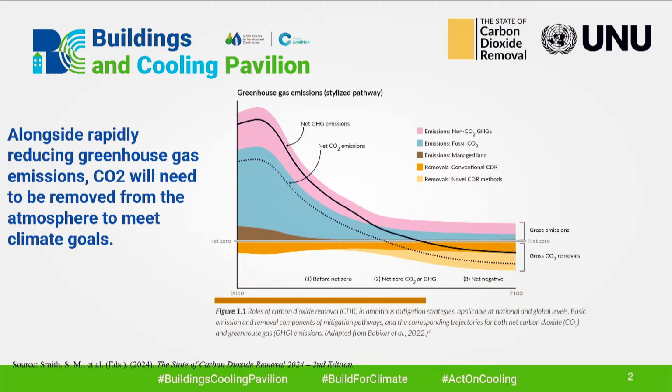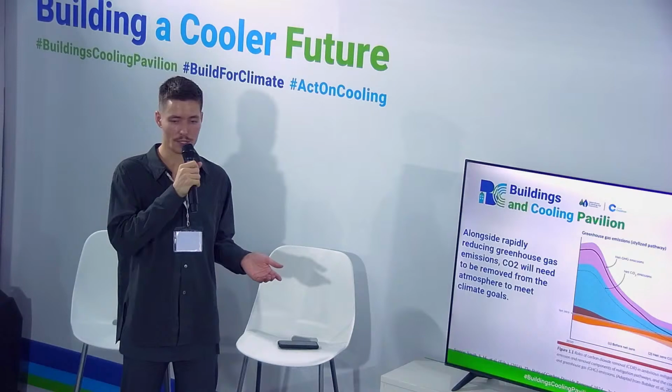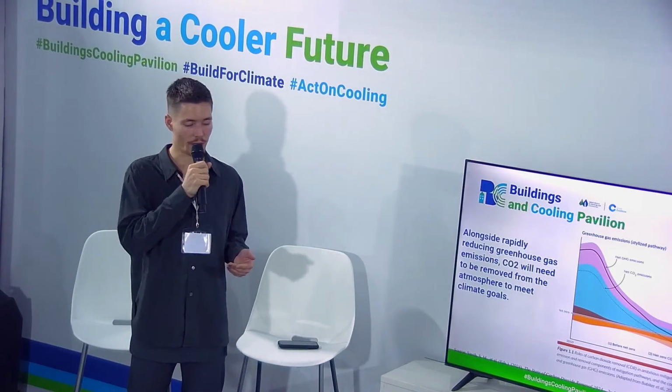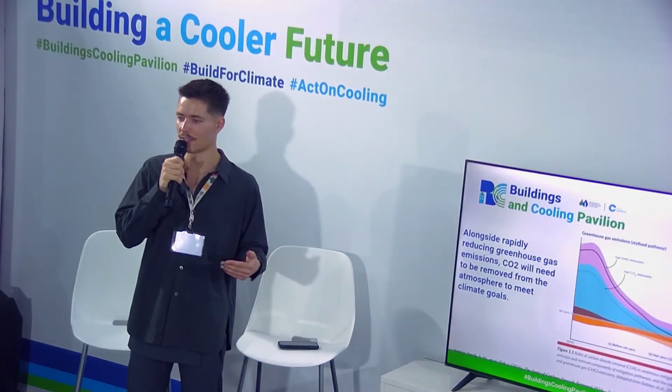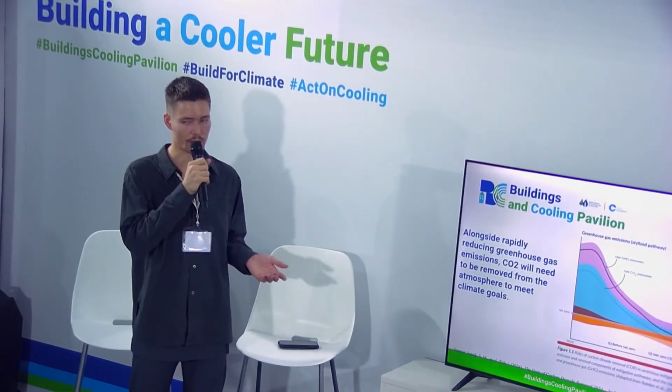CDR can help us to reduce our net emissions, and in the mid-term CDR can help us to reach net zero by counteracting residual emissions, and in the long term CDR can help us potentially to come back from overshoot and maintain a net negative state for society. So there's a lot of potential roles that CDR can play in helping keep us aligned with Paris temperature targets.